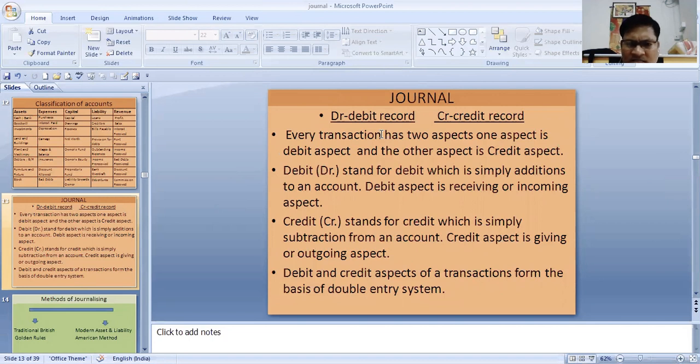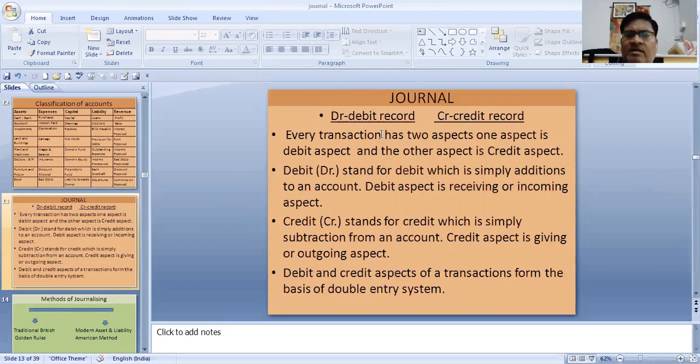One aspect is debit aspect, and the other aspect is credit aspect. Debit, that is DR, stands for debit, which is simply addition to an account. Debit aspect is receiving or incoming aspect, whereas credit aspect is a subtraction from an account.